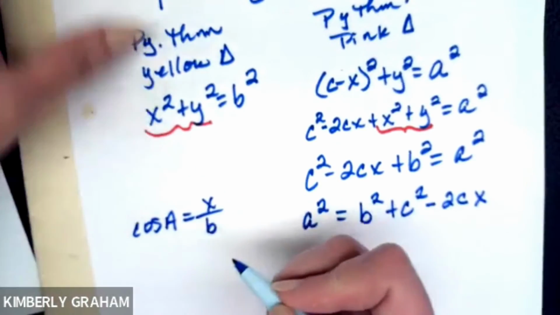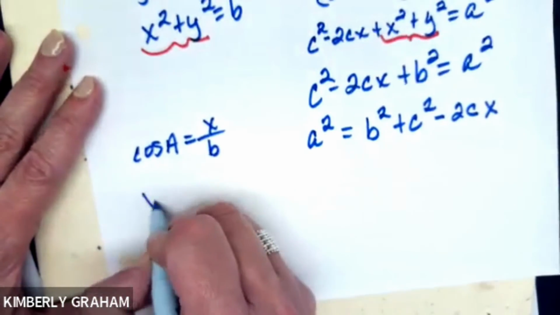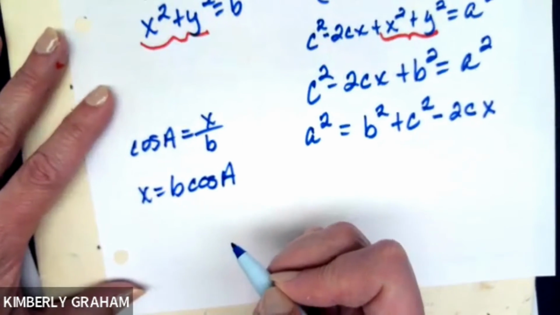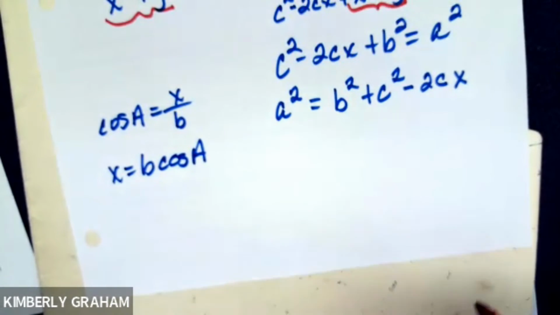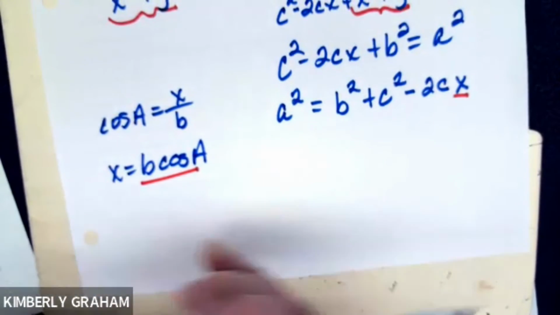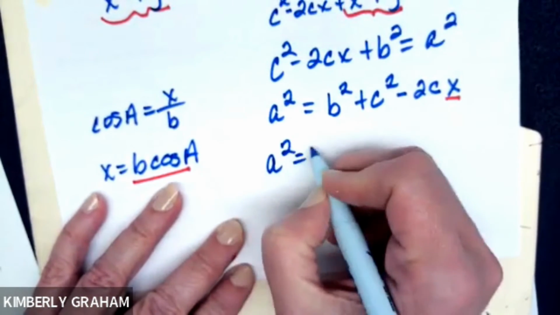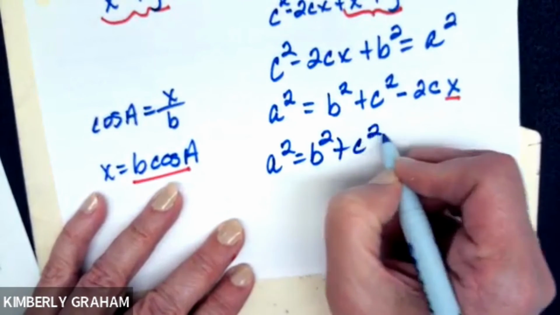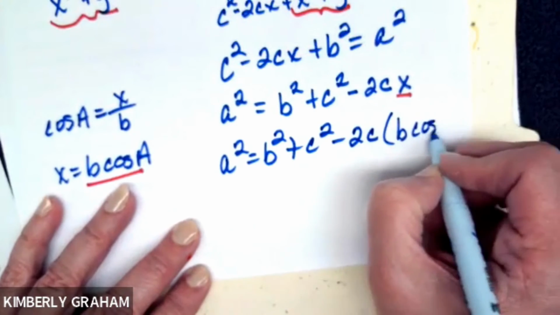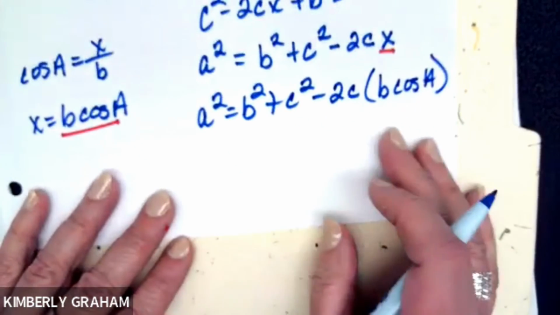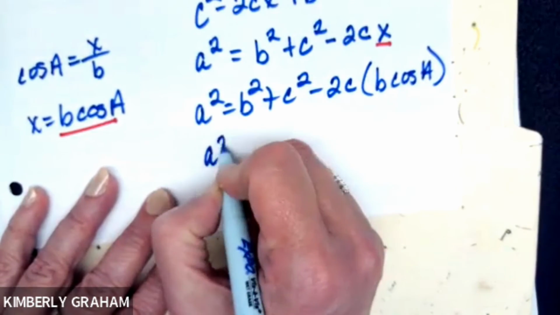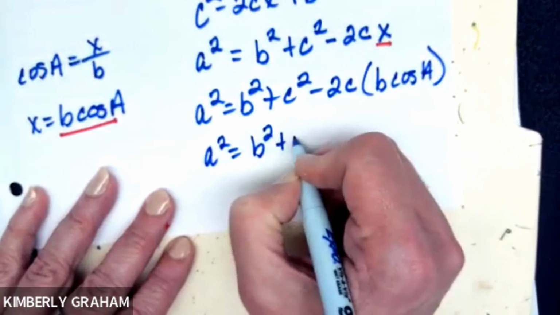So x would be b cosine of A. So now I can replace this x with b cosine of A. So I have a squared equals b squared plus c squared minus 2 times c times b cosine of A. And I'm going to drop the parentheses and rearrange these two letters here just so they can be in alphabetical order.